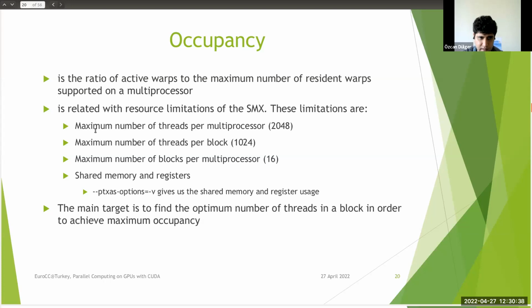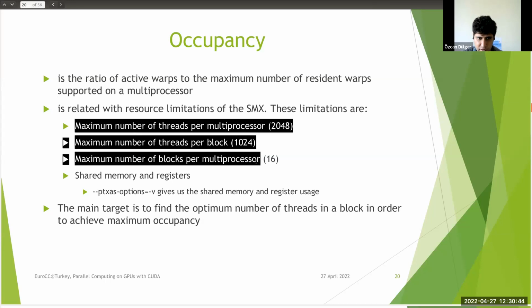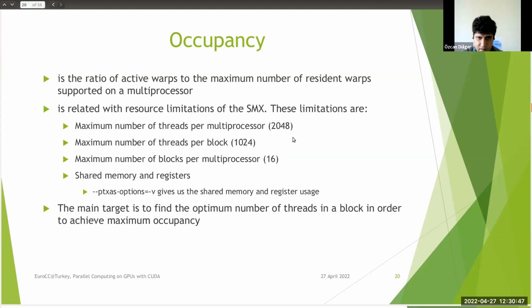And it is related to the resource limitations of the streaming multiprocessor. As I told you before, these are the limitations, and they are also important for occupancy. At most, 2048 threads can be active in a multiprocessor. This is the first limitation. Second, we can create at most 1024 threads per block.